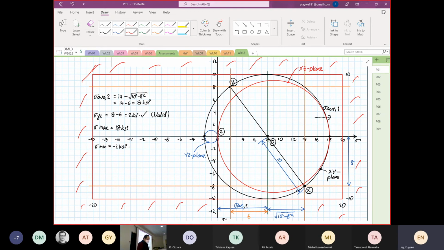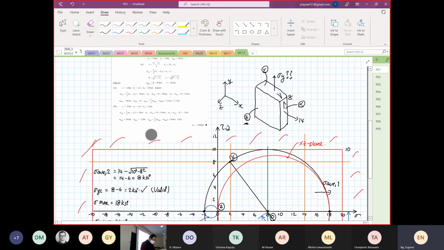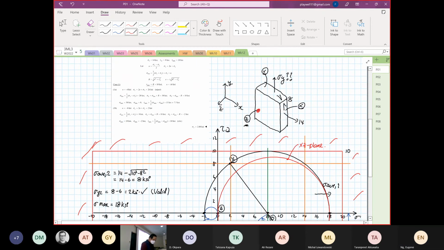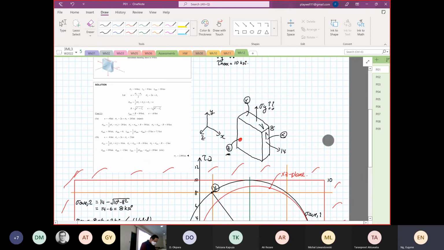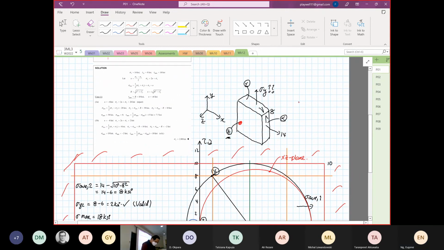Okay, now, point Z over here has 0 normal stress and 0 shearing stress, right? So now I'm going to explain why 20 KSI and minus 20 KSI are your stress max and stress min.